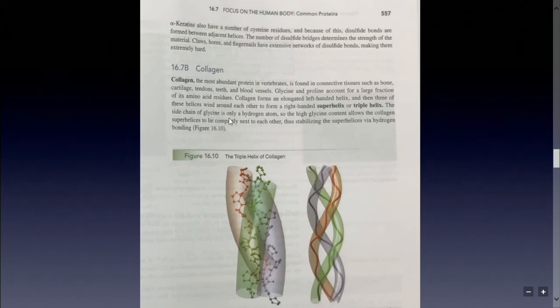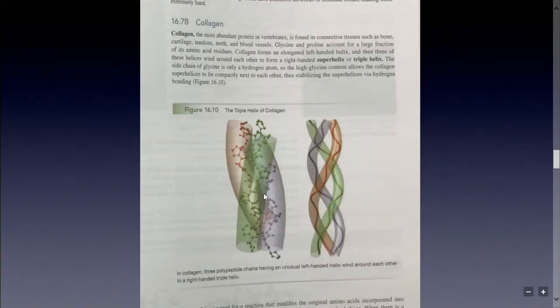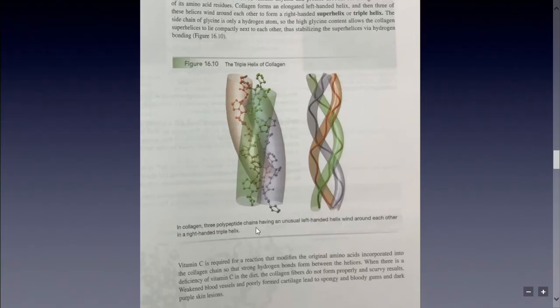So because of that, the glycine content allows the collagen superhelices to lie very close to each other. And so it stabilizes the superhelix or the triple helix via hydrogen bonding. So there's hydrogen bonding that's holding all 3 of these strands together, or the 3 polypeptide chains, I should call them. And so there you go.